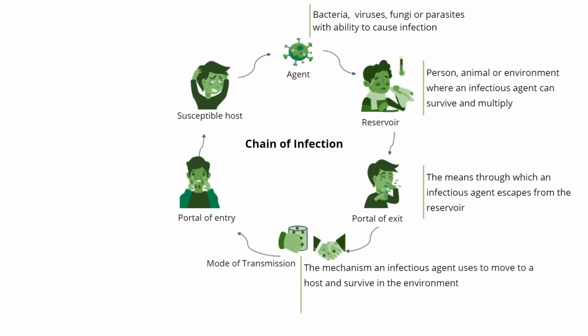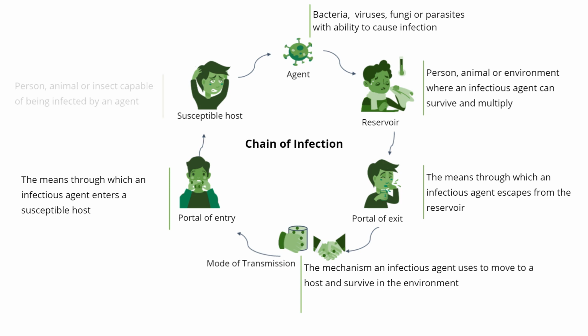The mode of transmission is the mechanism an infectious agent uses to move to a host and survive in the environment. The portal of entry is the means through which an infectious agent enters a susceptible host, and a susceptible host refers to a person, animal, or insect capable of being infected by an agent.